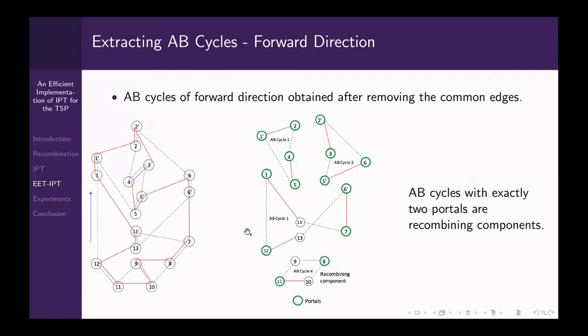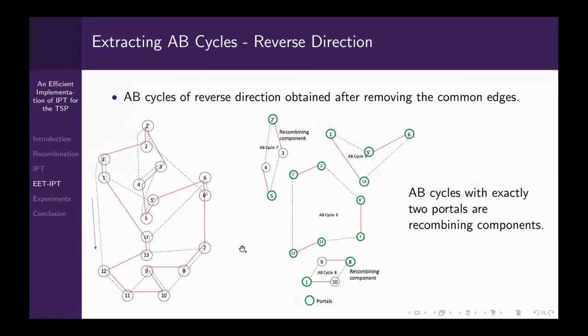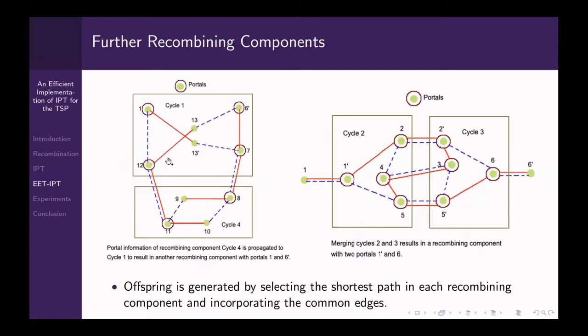In the same way, we find the AB cycles in the forward direction as well as in the reverse direction, and here you can see that there are 2 recombining components that we could find, because in these 2 AB cycles we have exactly 2 portals. To look for further recombining components, we communicate the portal information from the recombining components we already have to the other AB cycles which are not yet recombining components.